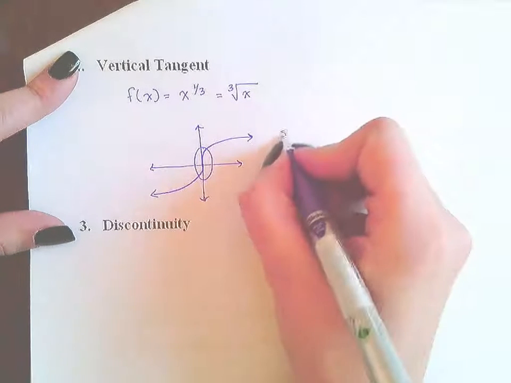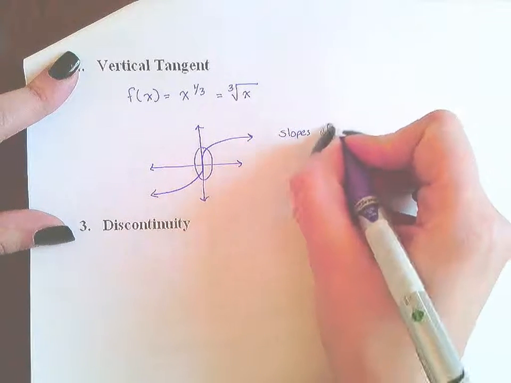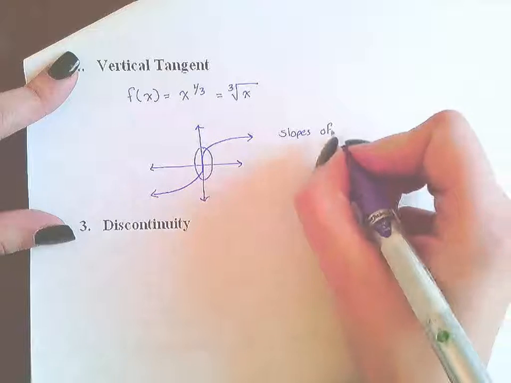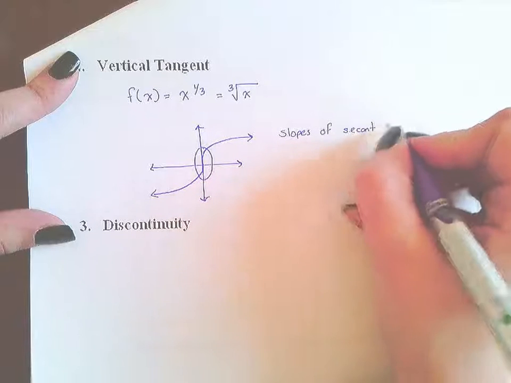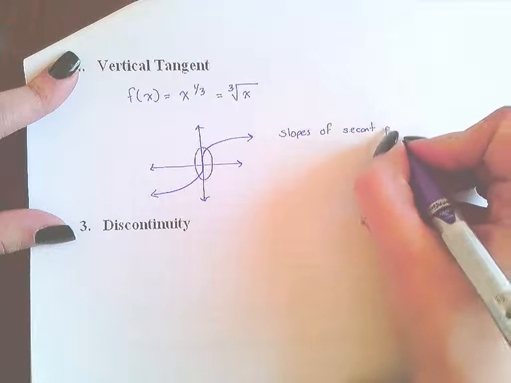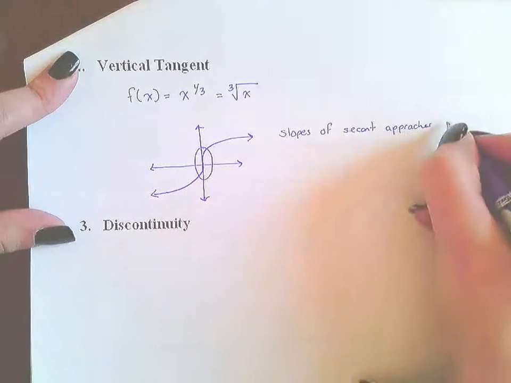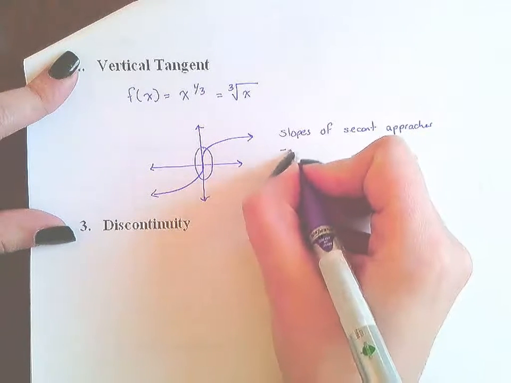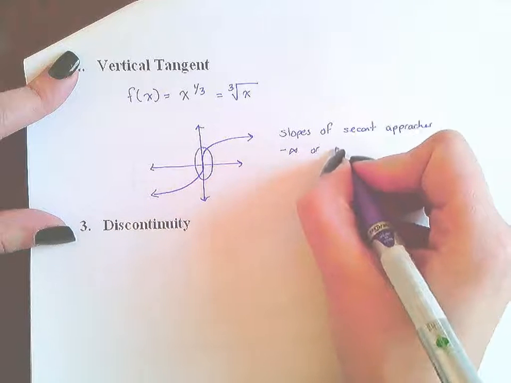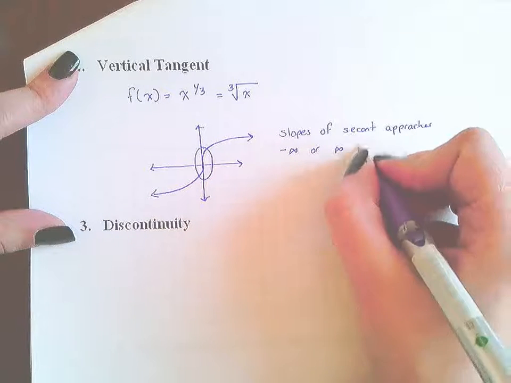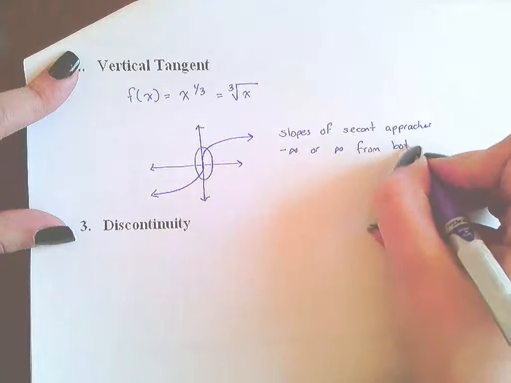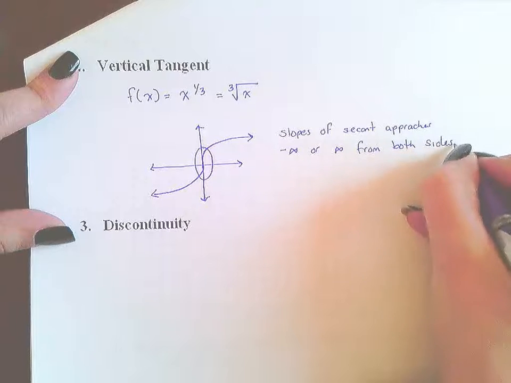Okay, so the slopes of secant lines approach negative infinity or positive infinity from both sides. So it becomes almost undefined.